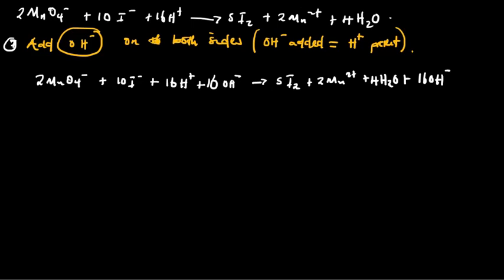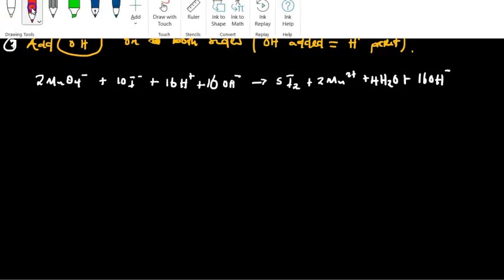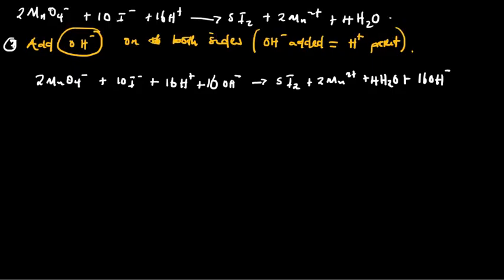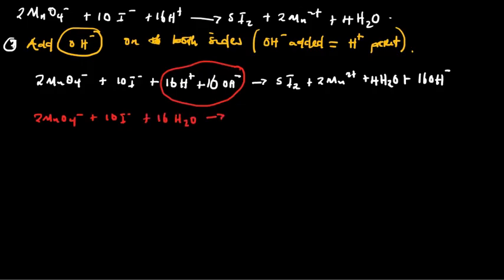So now this here will give us water. H+ plus OH-, this will give us what? Water. So what we are going to have is this now plus 10 I- plus 16 water, producing 5 I2 plus 2 Mn2+ plus 8 water plus 16 OH-.